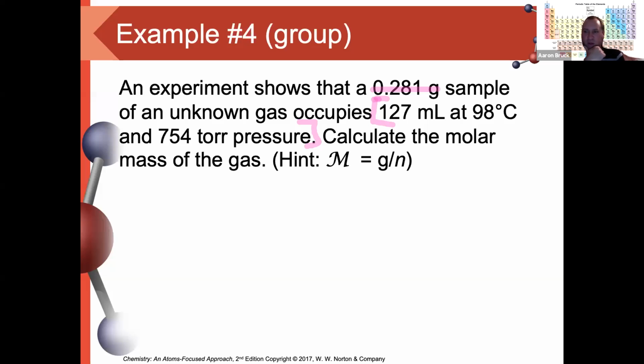Okay, so how are we doing? Any questions so far? I'm having trouble with the torr part. Now keep in mind, torr is the same as millimeters of mercury. Okay. So your R value should still be 62.36 liters torr per mole Kelvin.